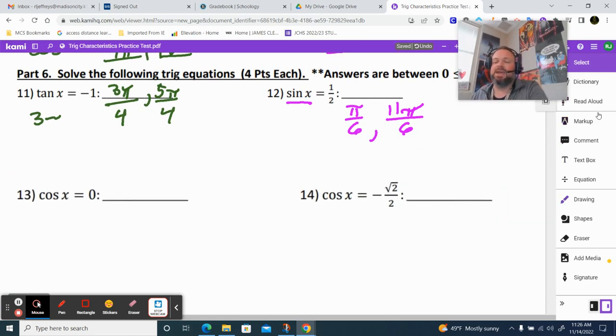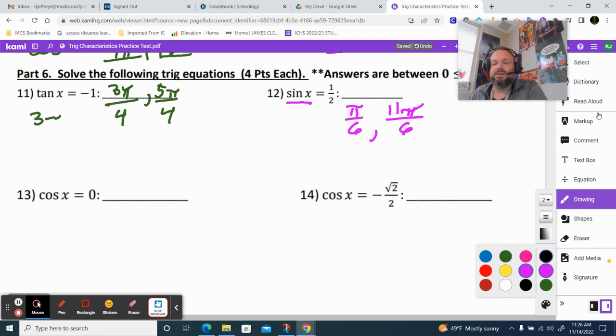Cosine is x. What two values are on the y-axis?